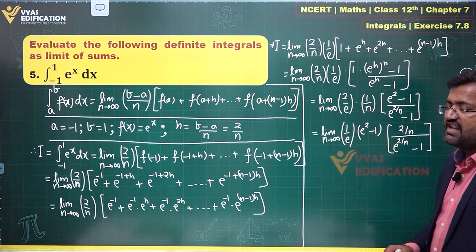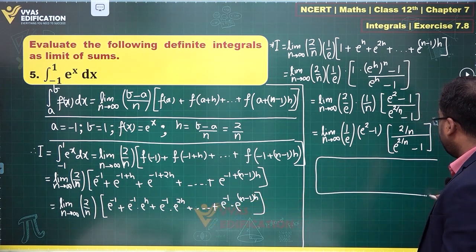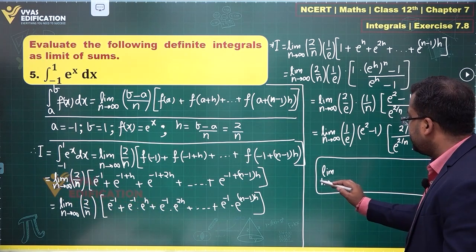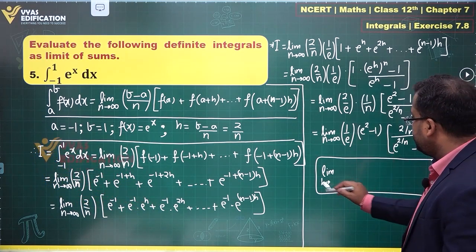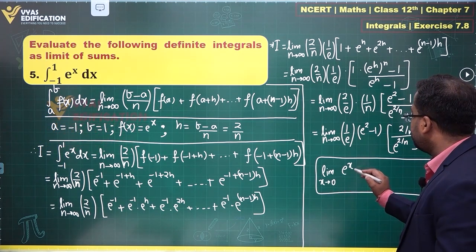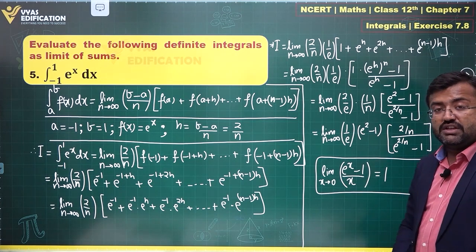Now let's take a look at this limit as n tends to infinity. A result I recall from the concepts of limits is this: the limit as x tends to 0 of (e power x minus 1) upon x is equal to 1.